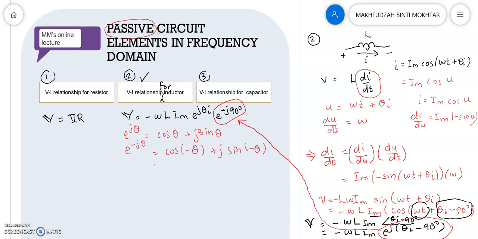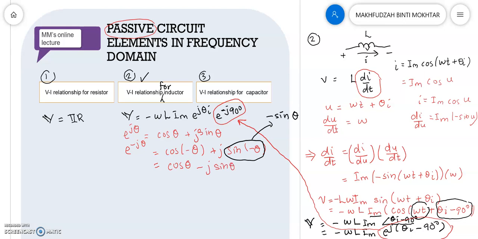Since cos negative theta equals cos theta, and sine negative theta equals negative sine theta, I can now write this as cos theta minus j sine theta.